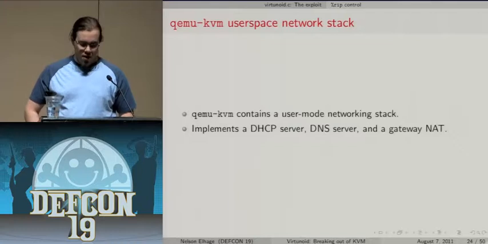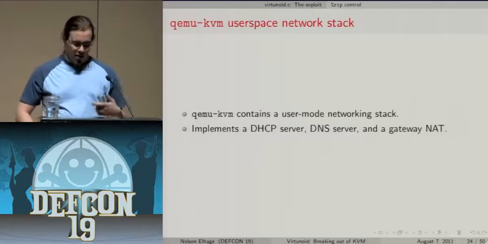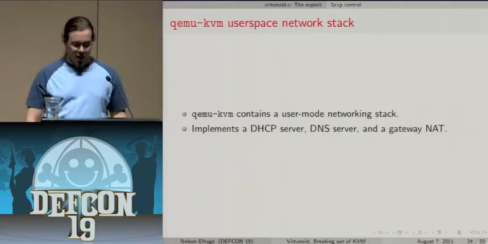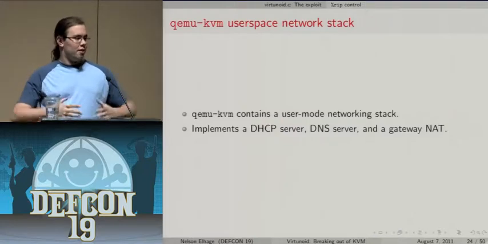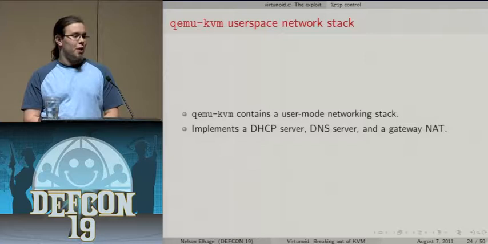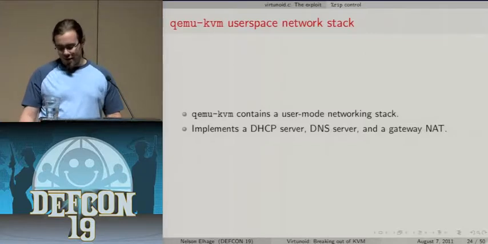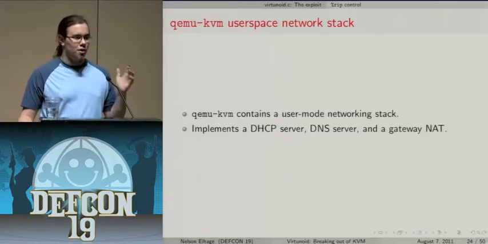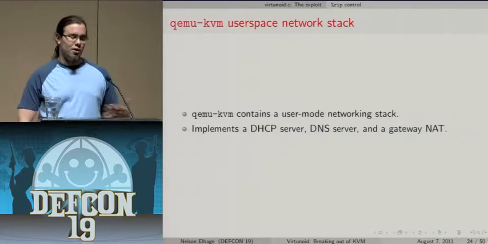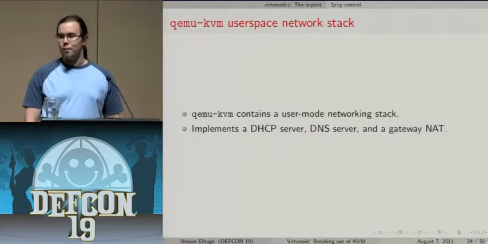QEMU KVM inherits from QEMU a user mode networking stack that implements an entire virtual LAN inside the QEMU KVM process. This is used as a way of allowing you to get network access to the guest without having to mess around with bridge devices and TUN-tap devices or other such madness on the host, and also without requiring privilege on the part of the QEMU KVM process.